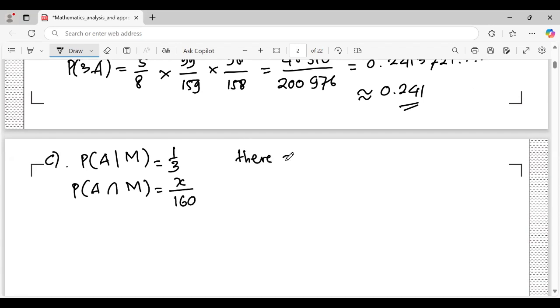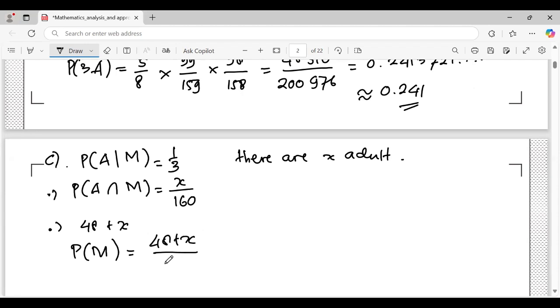As well, there are 48 children and x adults who prefer milk chocolate, so the total number is 48 plus x. So the probability of M is 48 plus x divided by 160.